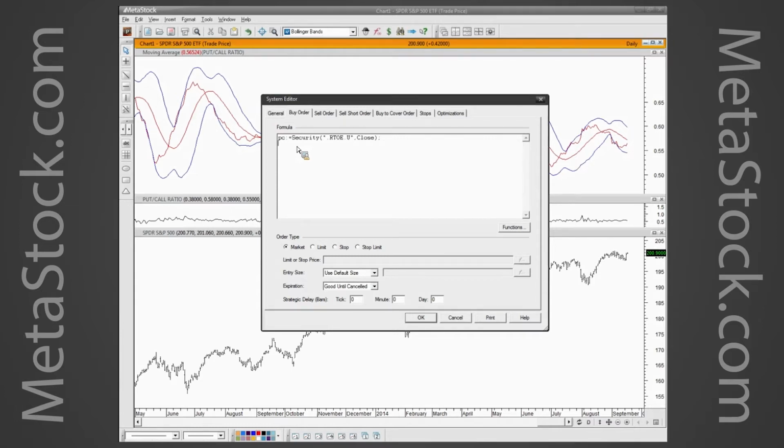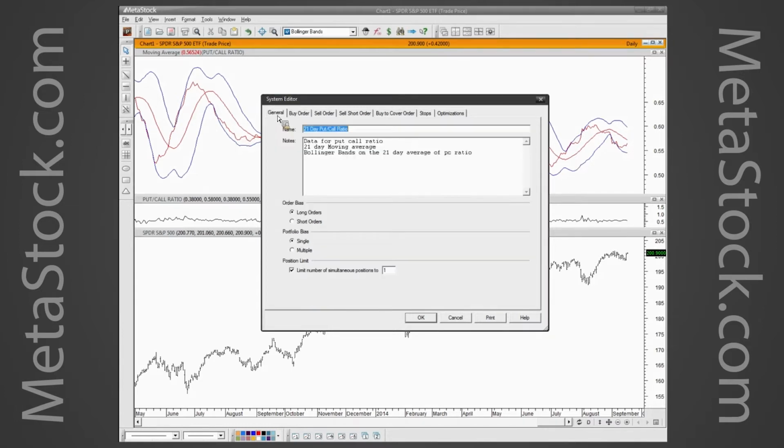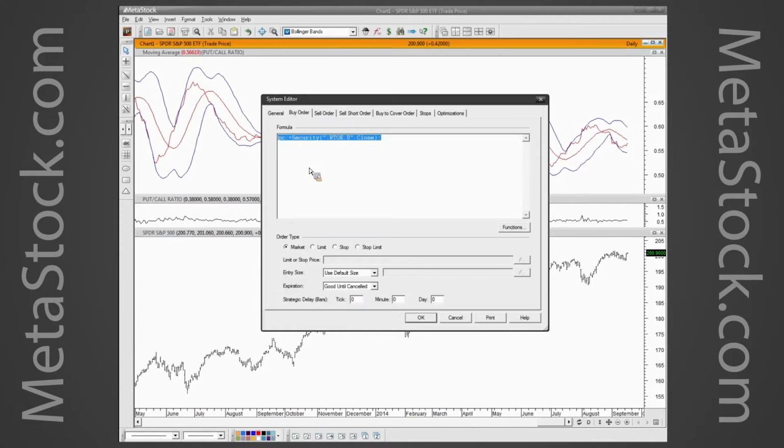So then we'll go on to the second item, which is the 21-day moving average of that. I want to go ahead and create a variable for that as well.